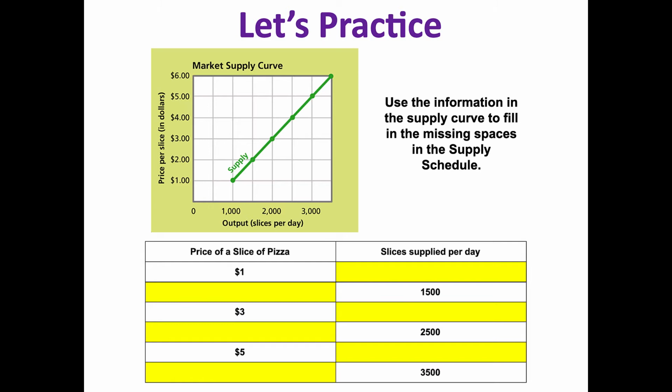And then again, what about the price when slices are at 1,500? That answer is $2. And when the price rises to $3, the owner is willing to produce 2,000 slices a day. When 2,500 slices are provided per day, the price is $4.